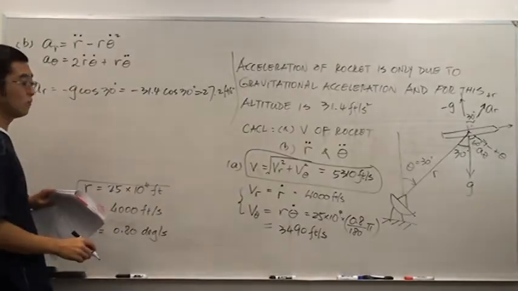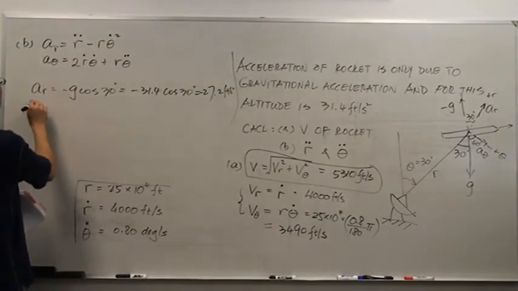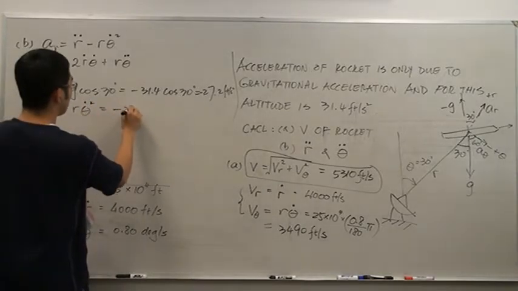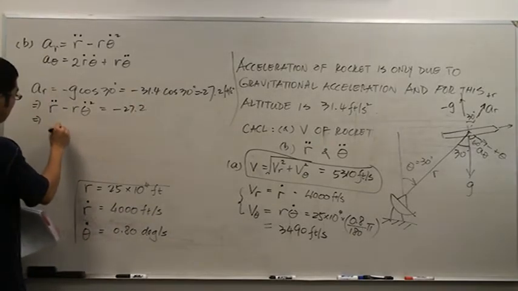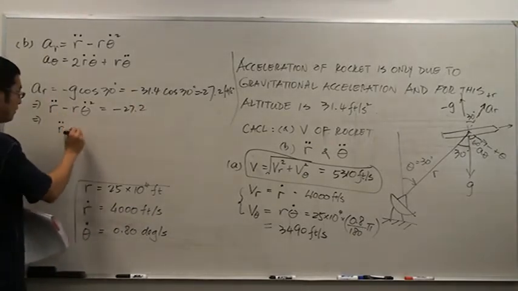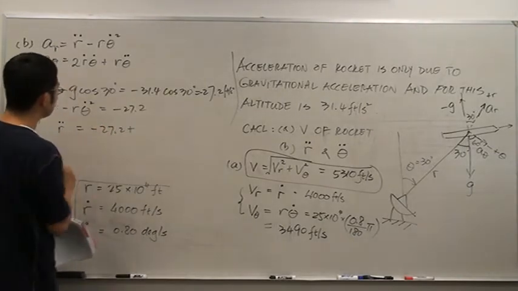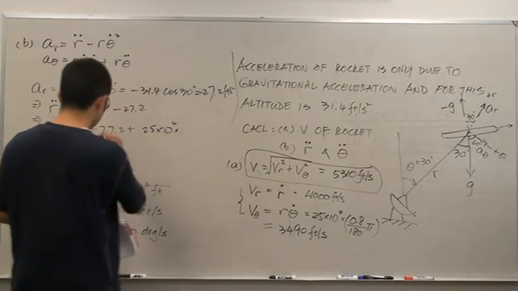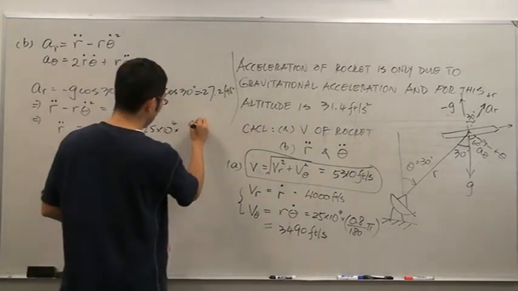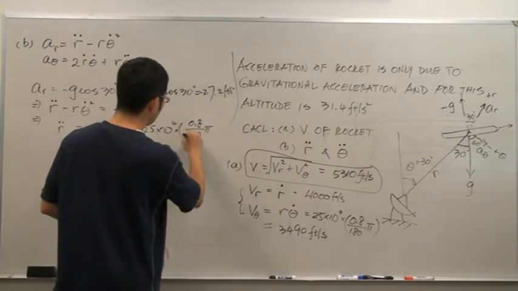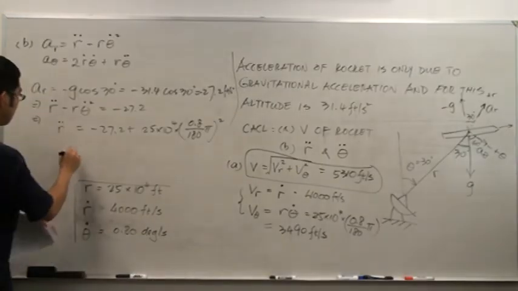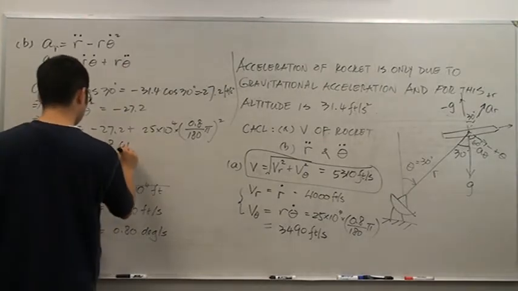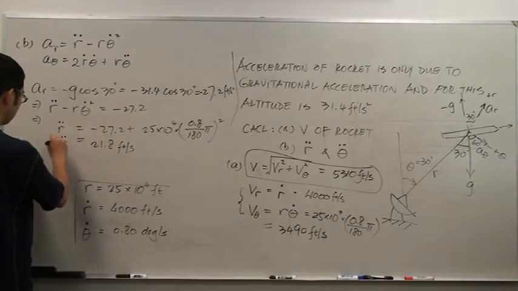And that's equal to r double dot minus r theta dot squared. So I can actually calculate r double dot, since I already know r and theta dot. Minus 27.2 plus r, which was 250,000, times theta dot squared, so 0.8 divided by 180, squared. So r double dot equals 21.8 feet per second squared. That's r double dot.